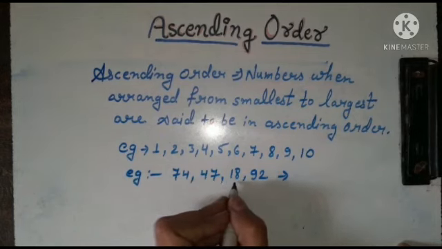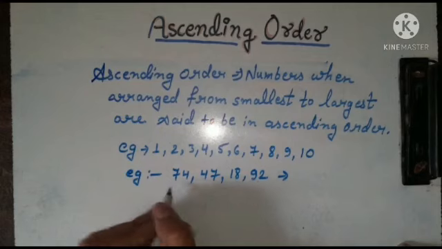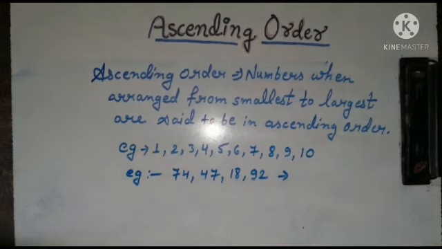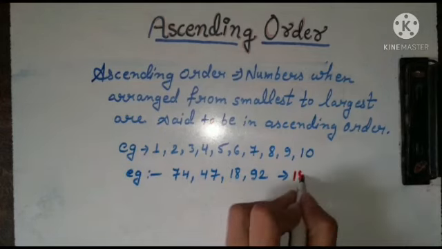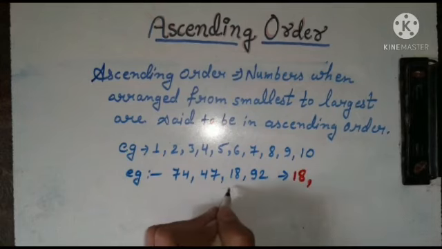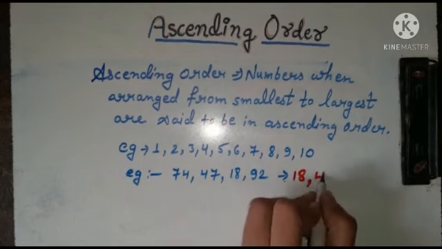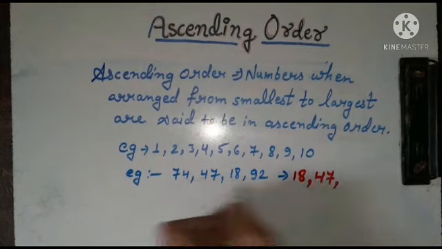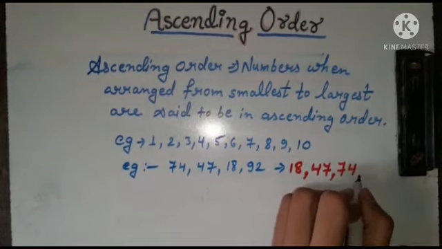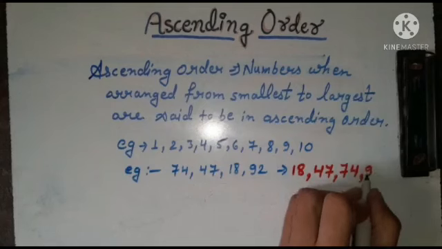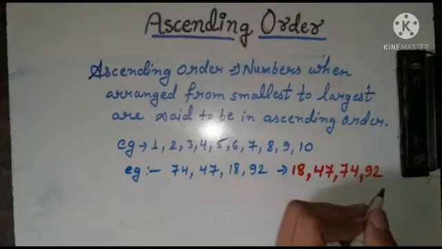Okay? 18 is the smallest number in this series. First, write 18, then 47, 74 and 92. Okay?